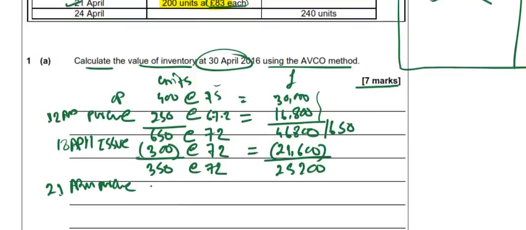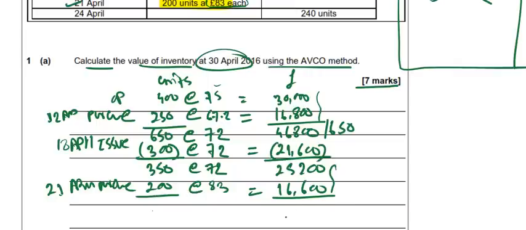We already had 350 plus 200 at 83, and 200 times 83 is 16,600. Same procedure, add these up together, get the value, and divide by the units.